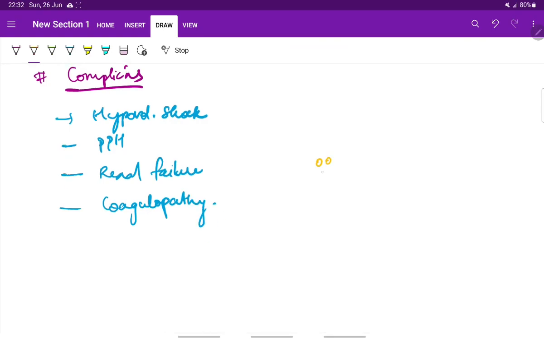So, these are all the important points about abruptio placenta. We will see about the differences between the placenta previa and the abruptio placenta in our next video.